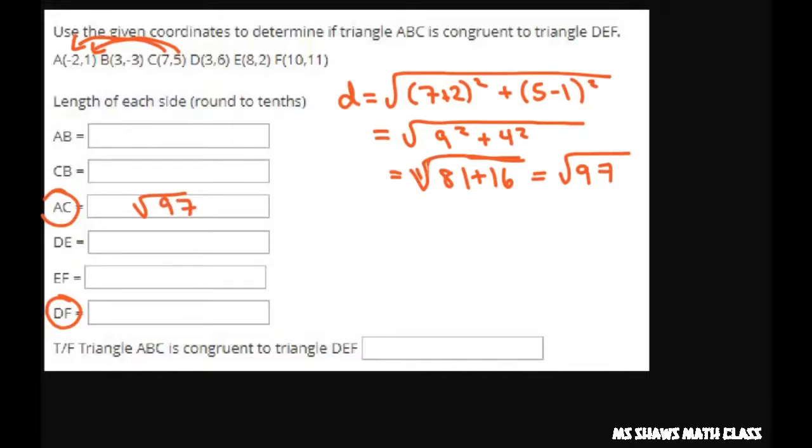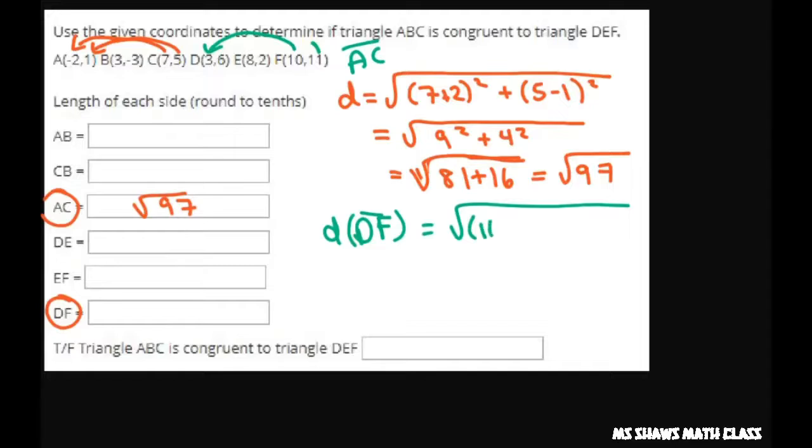And finally, we have the distance of DF. This one was AC. So that gives us DF. We're going this way. 10 minus 3 plus 11 minus 6.